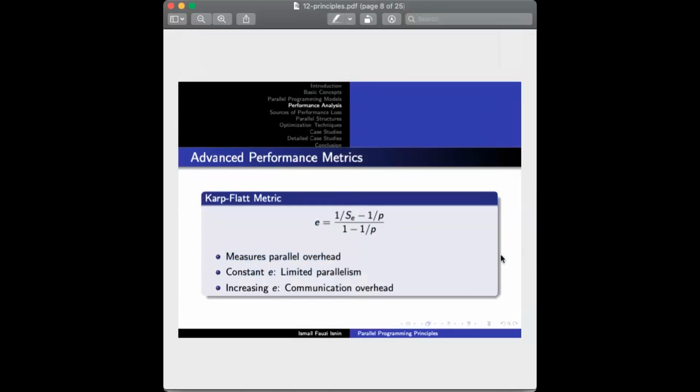However, if the value of e increases alongside your processor count, it serves as a clear warning sign of growing parallel overhead, such as network communication delay or severe synchronization barriers.